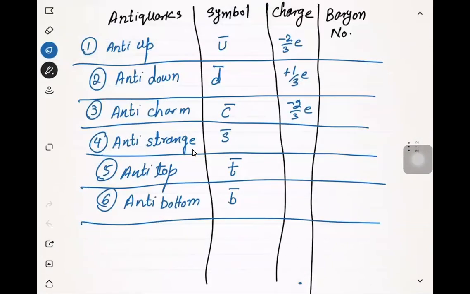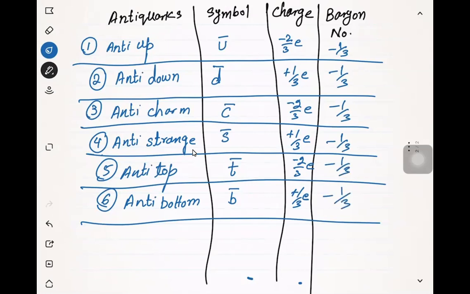Anti strange has a charge of plus 1 by 3e, anti top has a charge of minus 2 by 3e, and anti bottom has a charge of plus 1 by 3e. And all the antiquarks have a baryon number of minus 1 by 3.